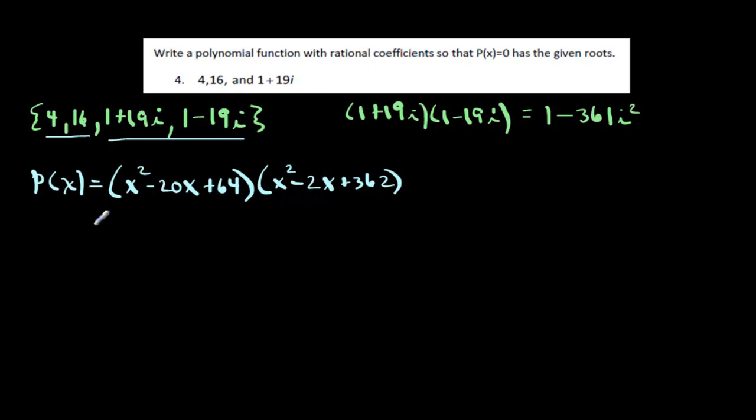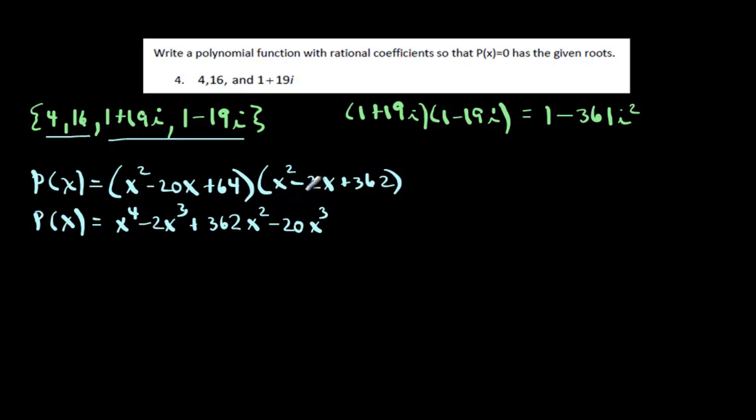Now what you're going to do here is you're going to just distribute all of that stuff out. So x squared times x squared, x to the fourth. X squared times negative 2x is negative 2x cubed. X squared times 362 is 362x squared. Now the middle term, negative 20x times x squared is negative 20x cubed.